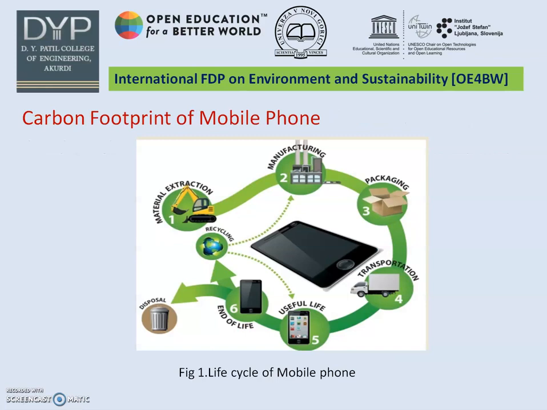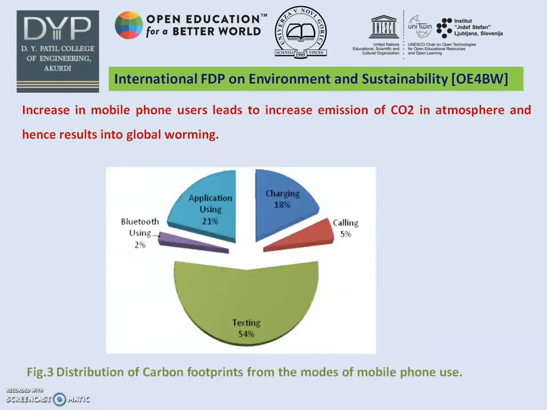Now, the carbon footprint of the mobile phone depends on the life cycle of the mobile. It starts from material extraction, then manufacturing, packaging, transportation, useful life, then end of life. It may go to recycling or it may go to disposal. Here I am going to consider useful life as a case study.